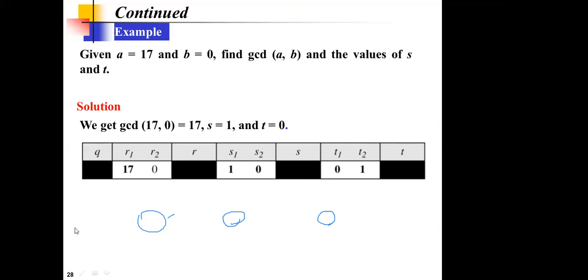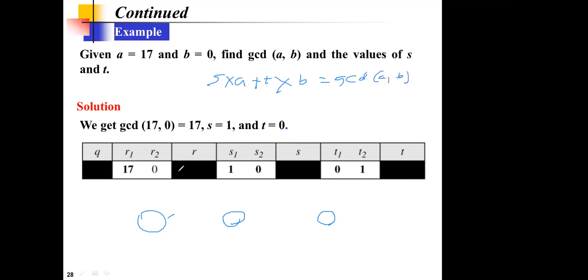So actually now you see that it's evident that S into A plus T into B is the GCD of AB.